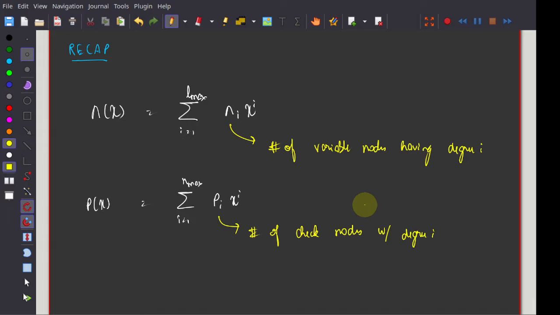Right? So let's do a quick recap of what we've seen so far. Originally, what did we start out with? We wanted to design codes which were capacity achieving for a given channel. And right now our focus is the binary erasure channel because it's the simplest channel to deal with. So we started off by constructing this class of codes called LDPC codes. Encoding is anyway simple because all you have to do is matrix multiply.